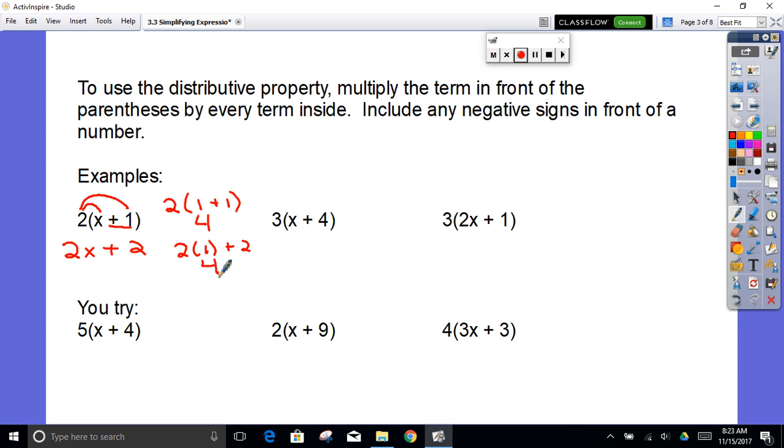Okay, so the next one, again, I'm going to distribute 3 times x and 3 times 4. So we get 3x plus 3 times 4 is 12. Okay, next one, Reed. Tell me how I would do the next one.